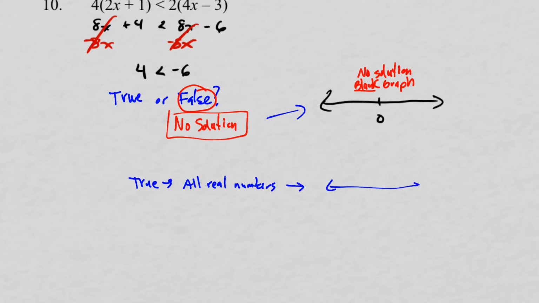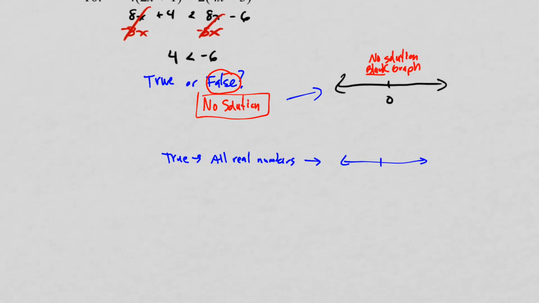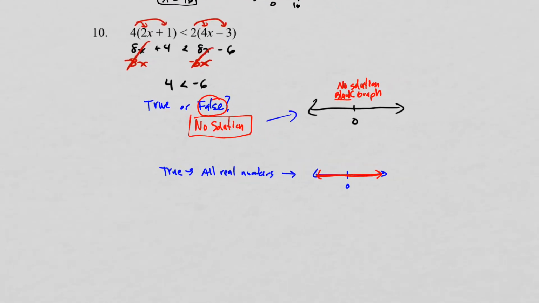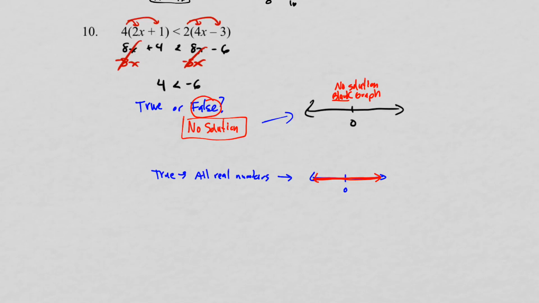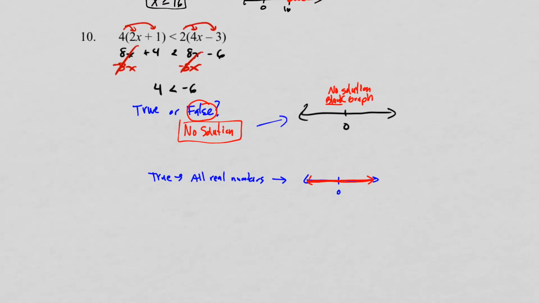You would basically shade the whole thing, okay? You just shade everything. So that's possible. It's an interesting extension to inequalities. And so let's move on to number 11.